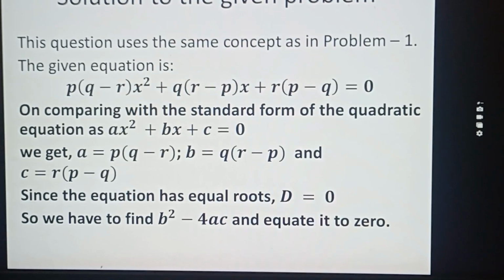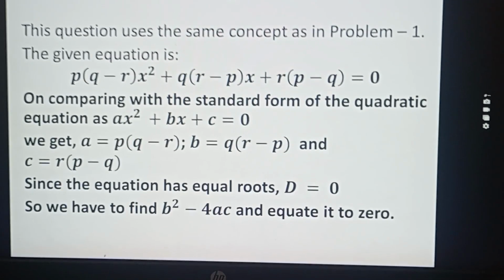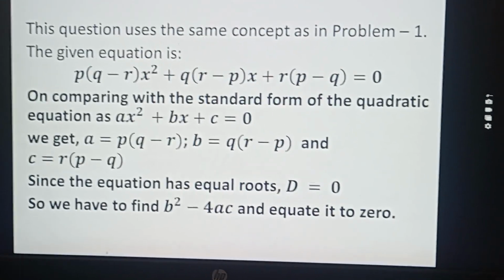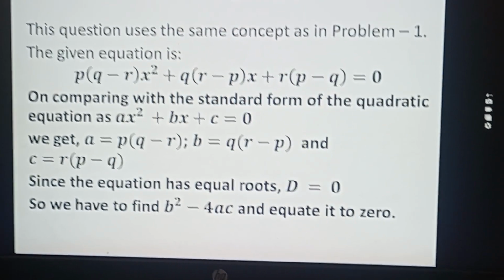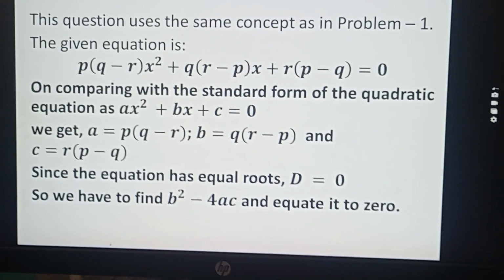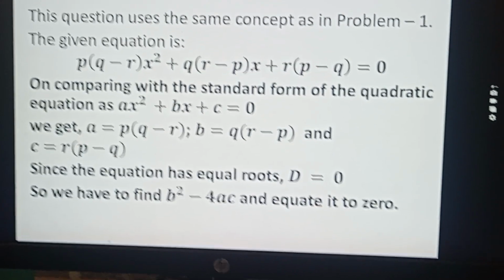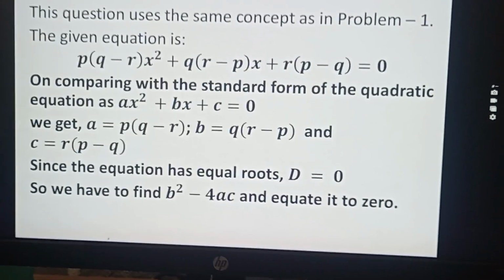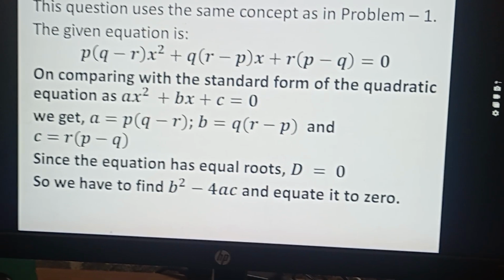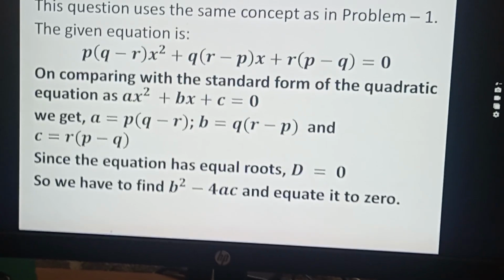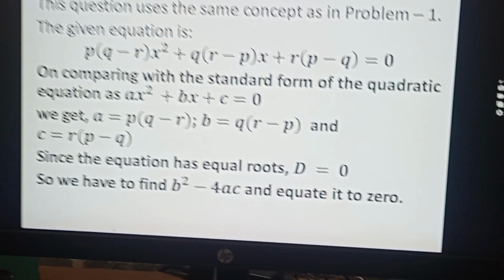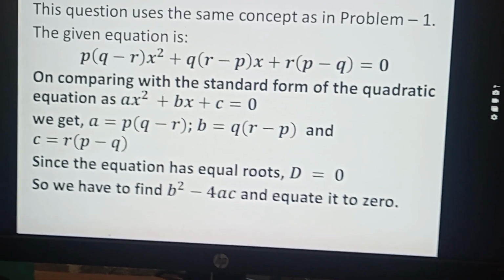On comparing this with the standard form of the quadratic equation, ax squared plus bx plus c equal to 0, the coefficient of x squared, a, is equal to p(q minus r). The coefficient of x, b, is equal to q(r minus p). And the constant term c is equal to r(p minus q).